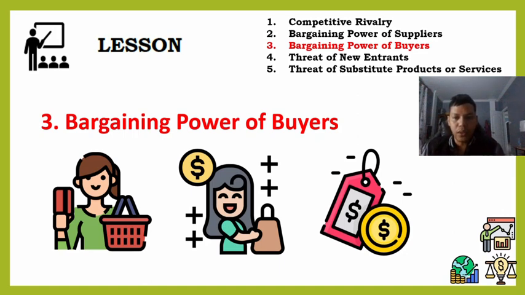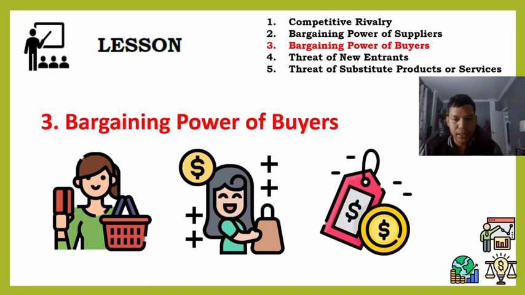Buying power is low when consumers purchase products in small amounts and the seller's products are very different from any of its competitors.